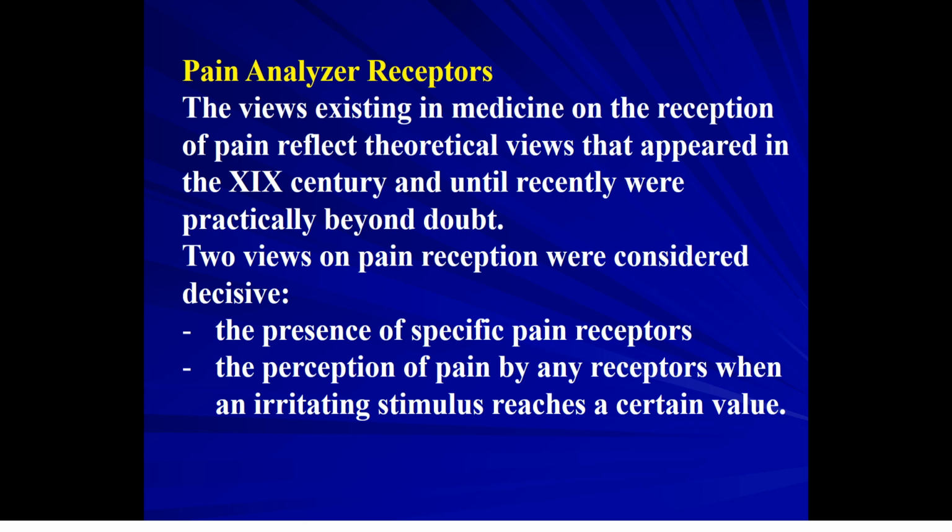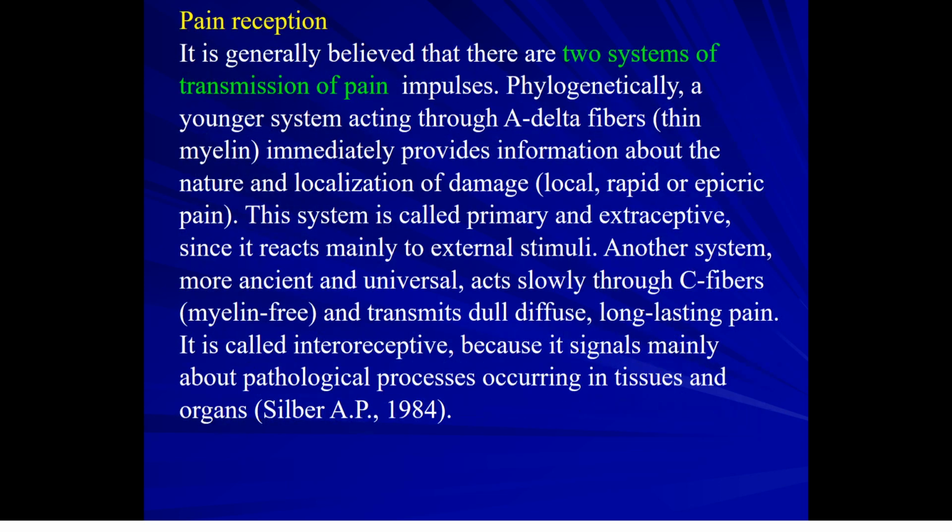Two views on pain reception were considered decisive: the presence of specific pain receptors, and the perception of pain by any receptors when an irritating stimulus reaches a certain value. It is generally believed that there are two systems of transmission of pain impulses.